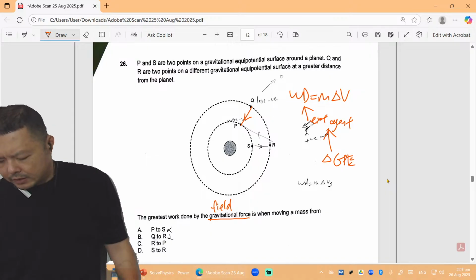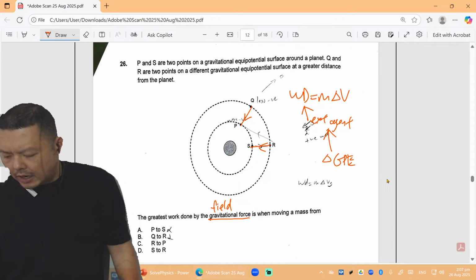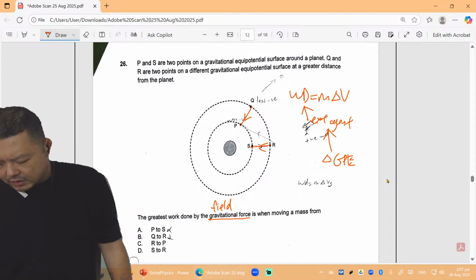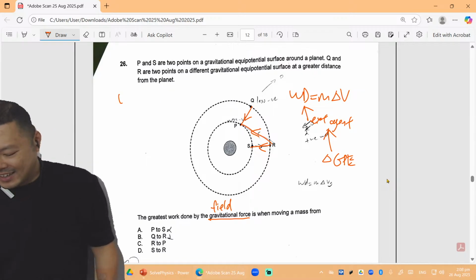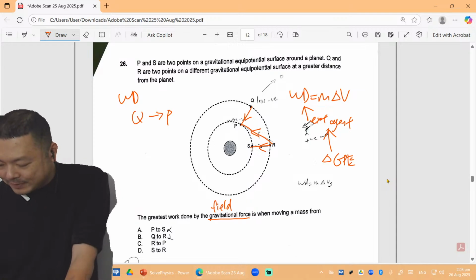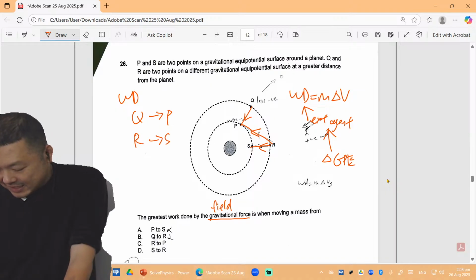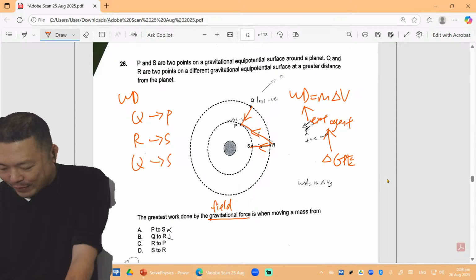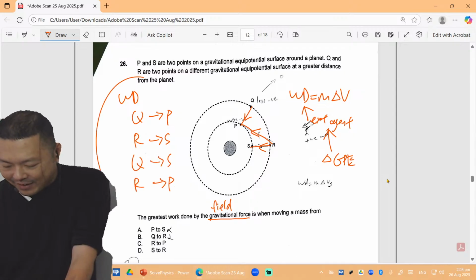But you don't have that option. The other option is from R to S. You don't have that either. R to P. So the work done from Q to P, from R to S, from Q to S, or from R to P, are all the same.